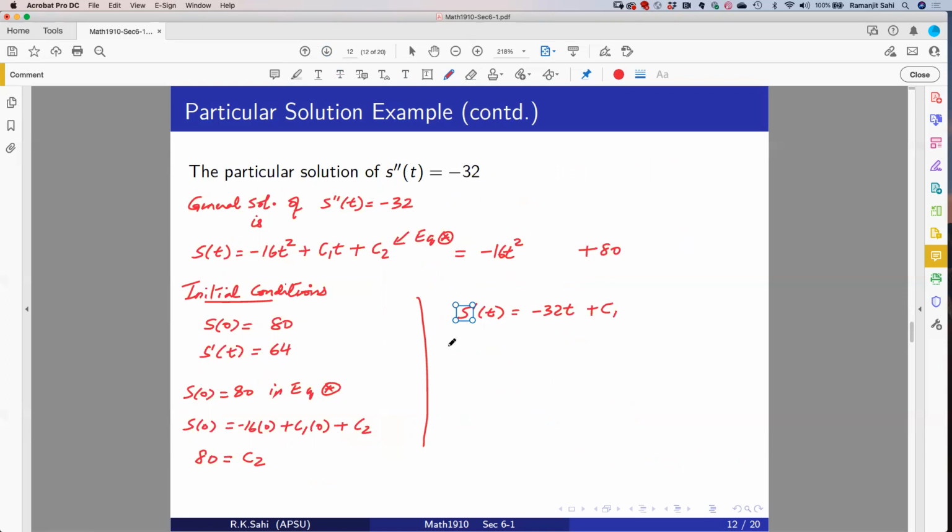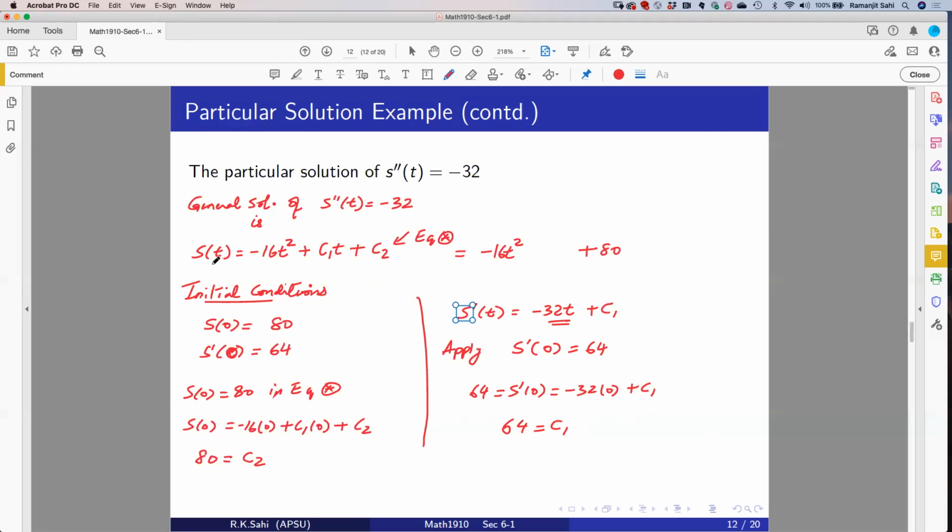Now we will apply the other initial condition, s prime of 0 equals 64. Let's substitute it over here: 64 equals s prime of 0, which is -32 times 0 plus c1. So 64 equals c1.